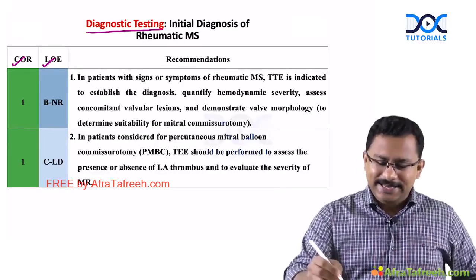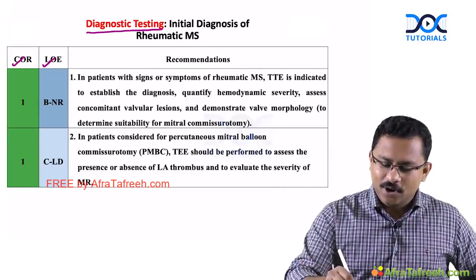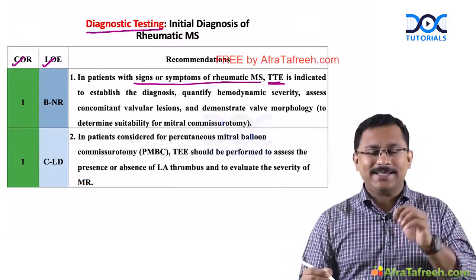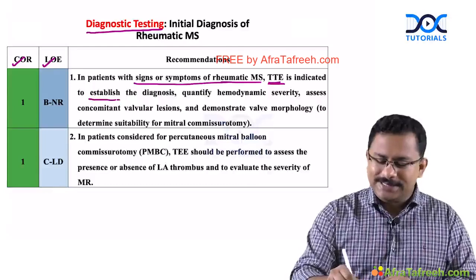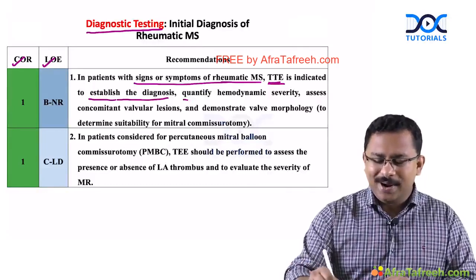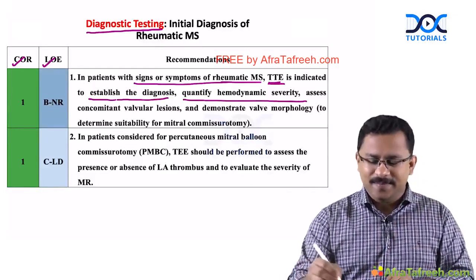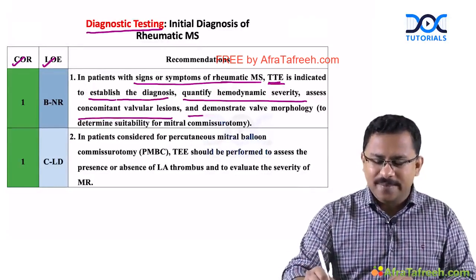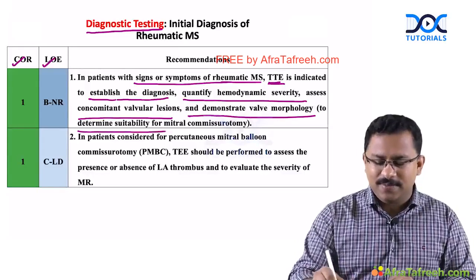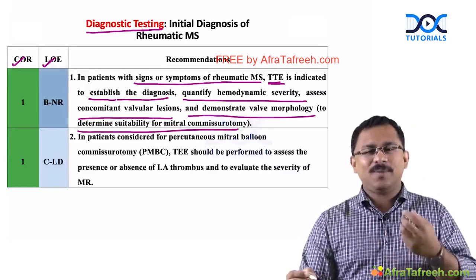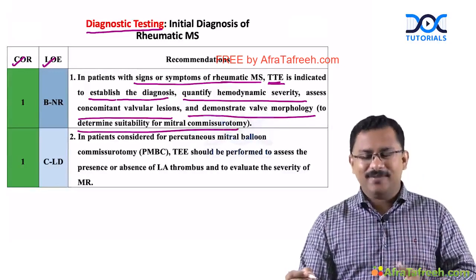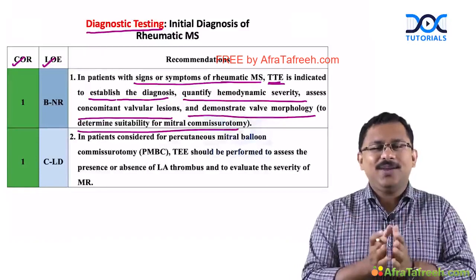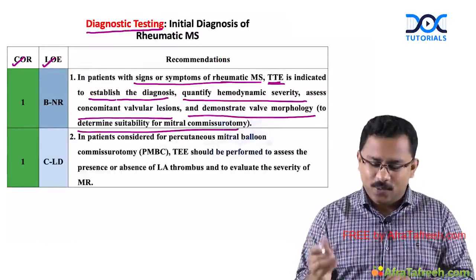In patients with signs or symptoms of rheumatic MS, you've got to do a transthoracic echo. Why? To establish the diagnosis, to quantify the hemodynamic severity, to assess coexistent valvular lesions, and to demonstrate the valve morphology to determine whether the patient is a suitable candidate for a mitral valvuloplasty or a commissurotomy. So this is why you should do a transthoracic echo.